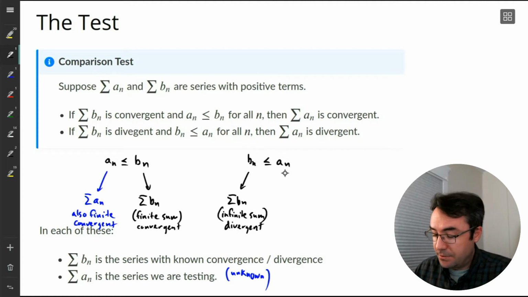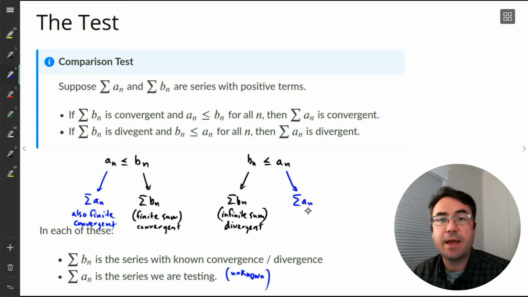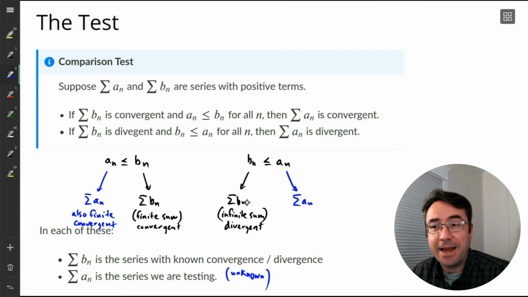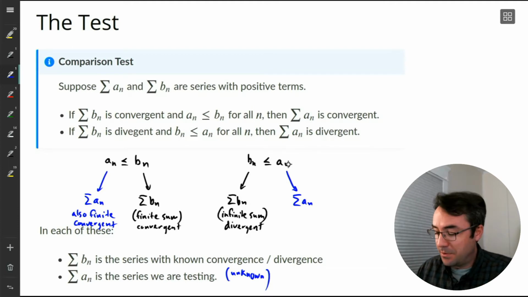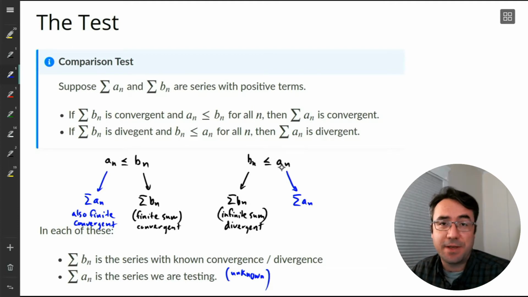Well, if we try and do the same thing with our an terms, if we try to form our sum sigma an, well, if all these an terms are bigger than the bn terms, and adding up all those b terms gives us an infinite sum, then adding up these things that are larger than it must also give us an infinite sum.